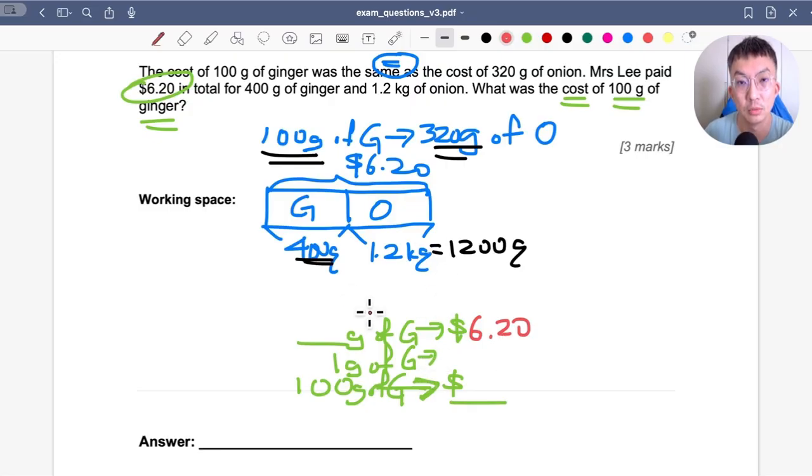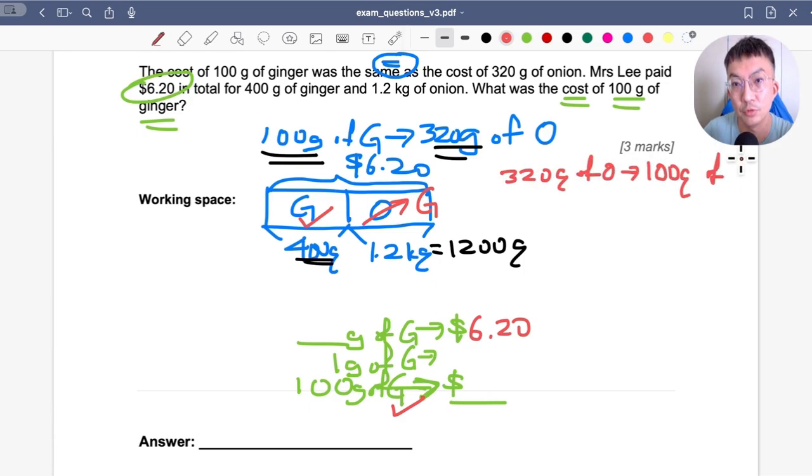Okay, so when you see they're asking for ginger over here, and you have ginger and you have onion, the next step will be to change this to ginger. Okay, so what we're going to do is, since we know that 320 grams of onion is equivalent to 100 grams of ginger, let's find 1 gram of onion, and that is 100 over 320.